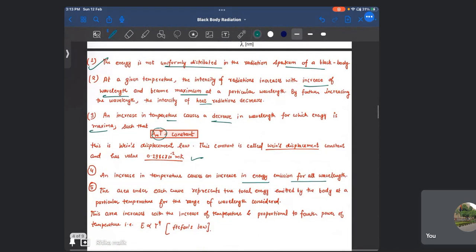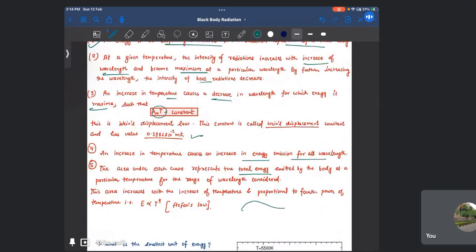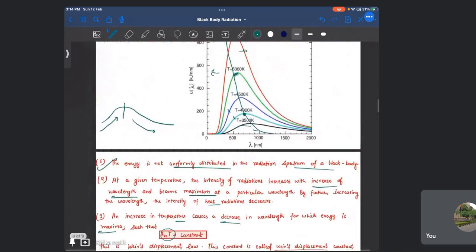And the area under this curve represents the total energy emitted by the body at that temperature for the wavelength range considered. So the area inside it represents the total energy of your body. And the area increases as a function of temperature with the power 4, and this is known as Stefan's law. So these are the observations made from this single curve.